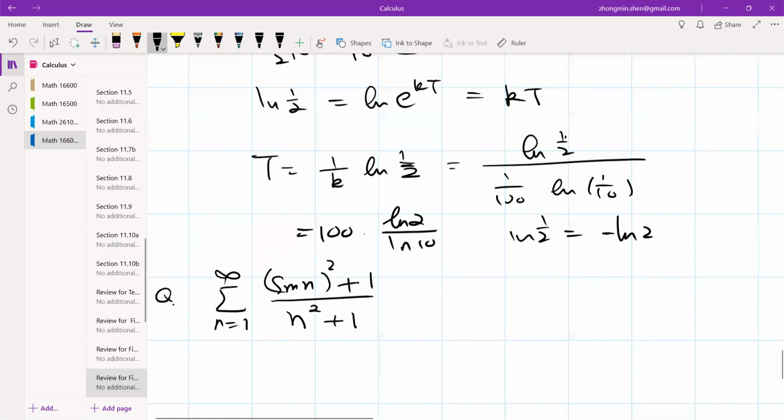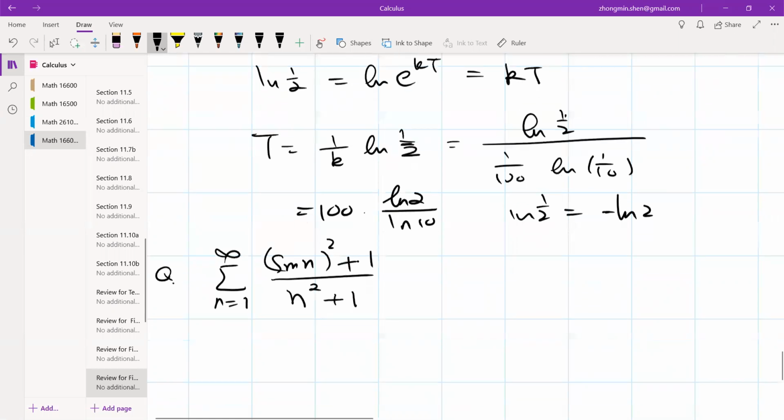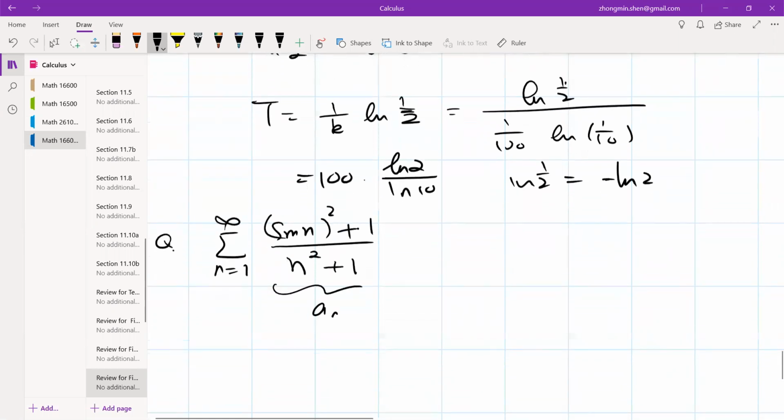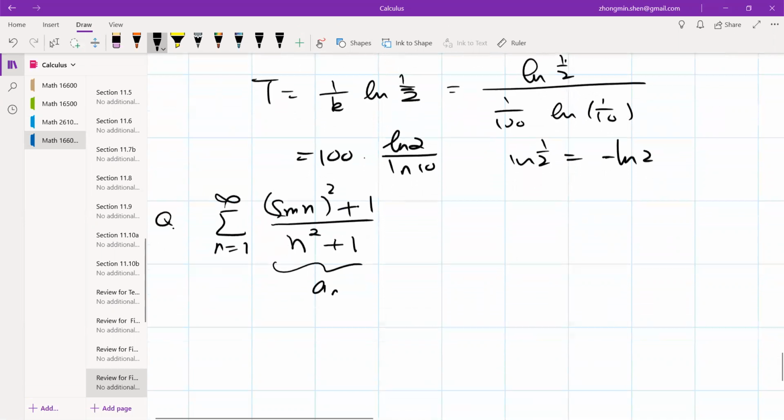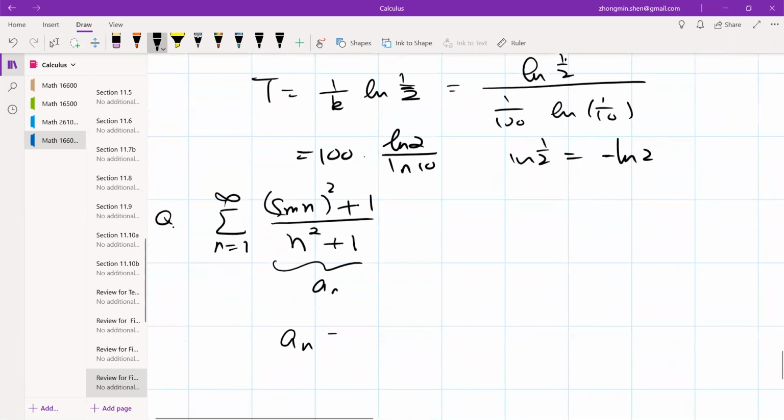No. The numerator is under control. It's not getting big and it's not getting small. That's why this series will be convergent. The question is, how do you say that? So this is our a_n, and under control means it's going to be sine of n over n squared plus 1.